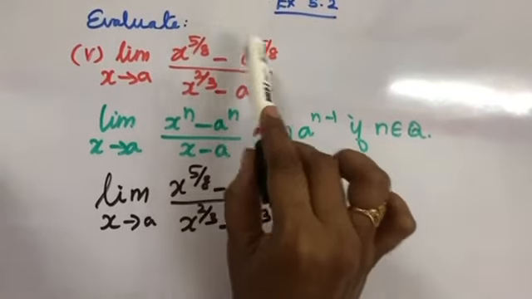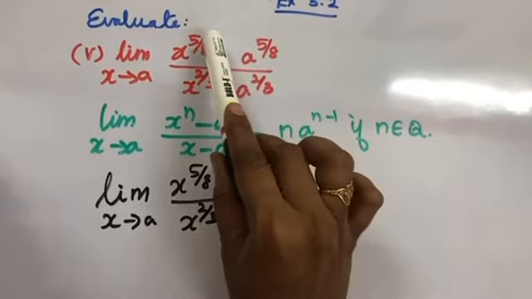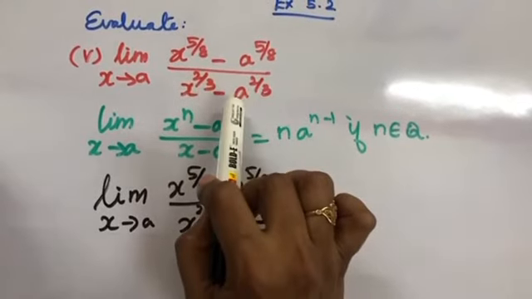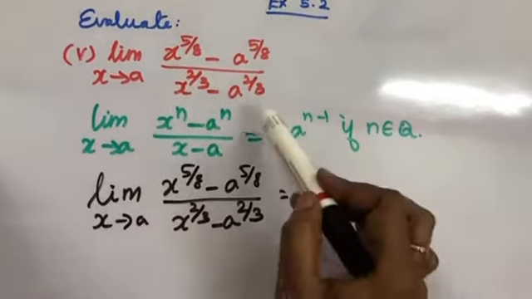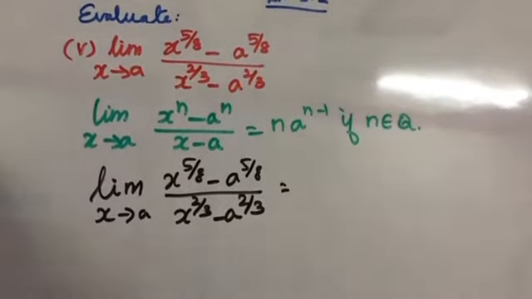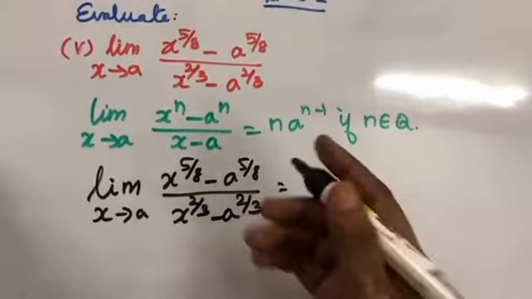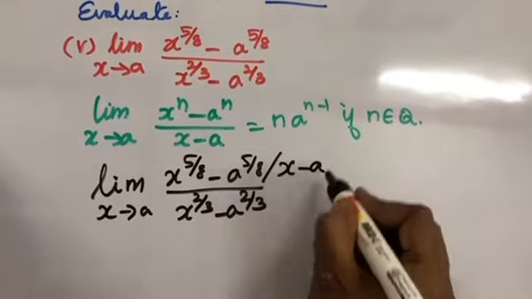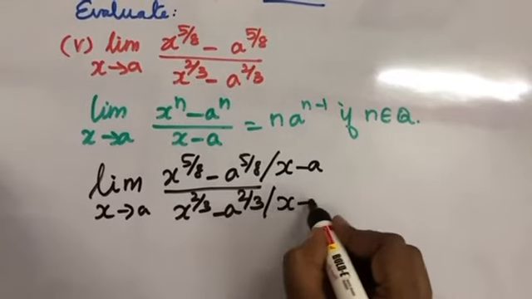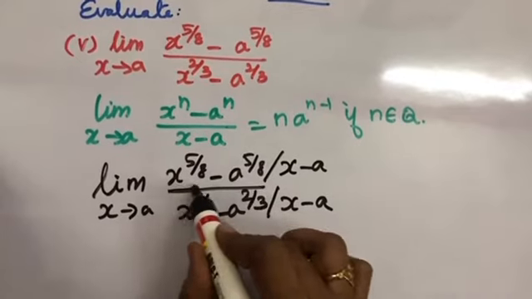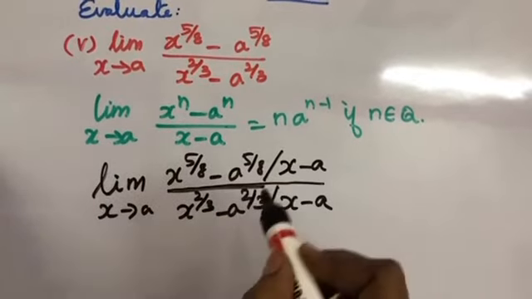The power of x and a is the same in the numerator, that is 5/8, and the power of x and a is the same in the denominator too, that is 2/3. So, to bring this function into this form, I am going to divide the numerator and denominator by x minus a. If I divide the numerator and denominator by the same value, the value of the function doesn't change, isn't it?